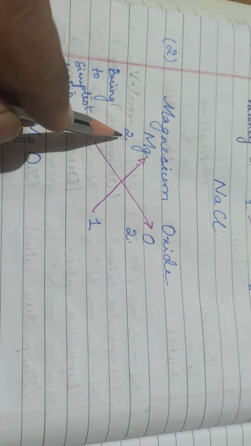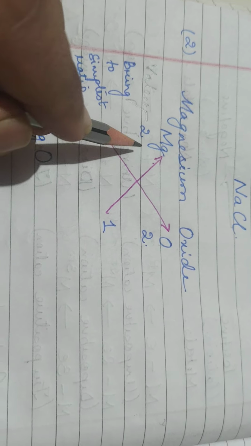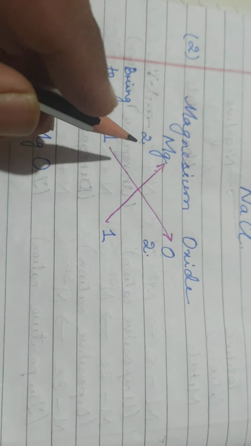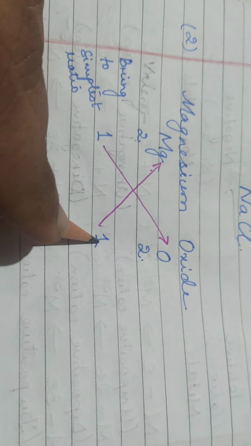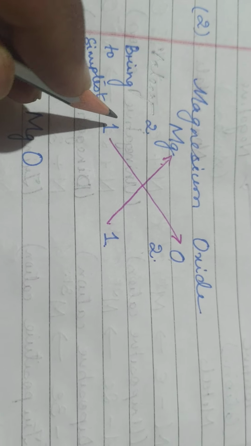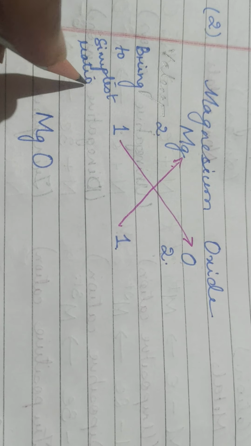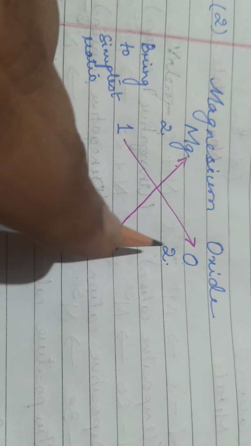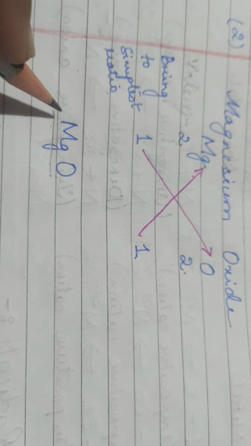In that sense, these two valencies can be easily simplified. 2 is to 2 can also be written as 1 is to 1. Since the highest common factor is 2, if we divide both by 2, we get what? 1 is to 1. Now, once the ratio is in its simplest form, we can easily cross multiply it to write down the chemical formula MgO.